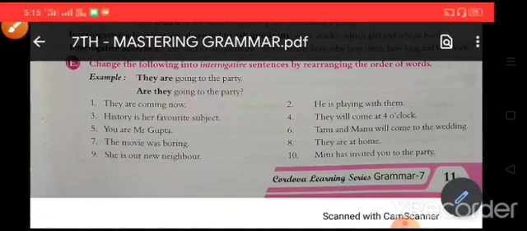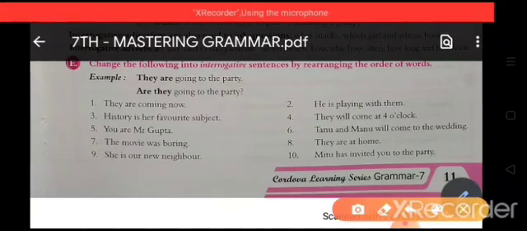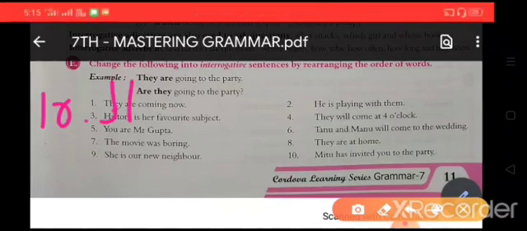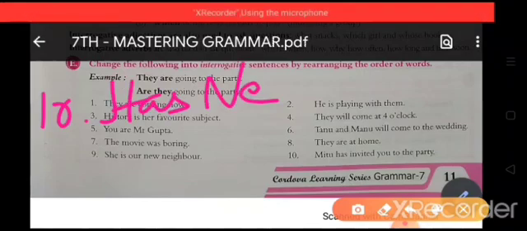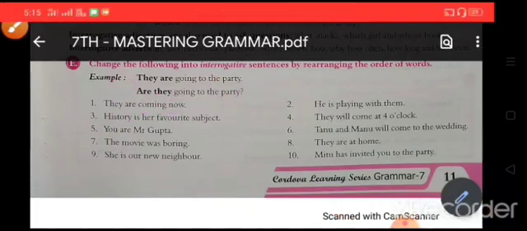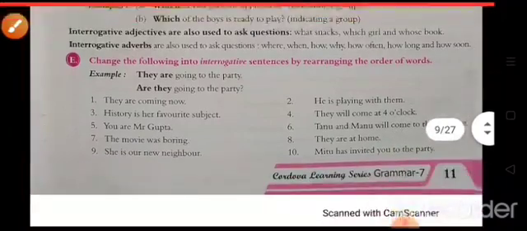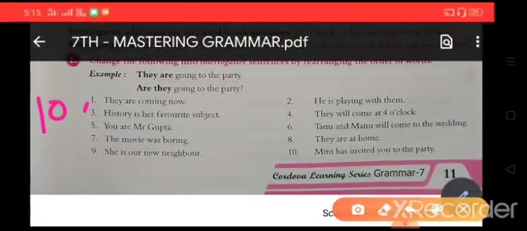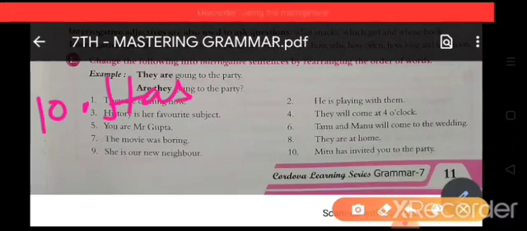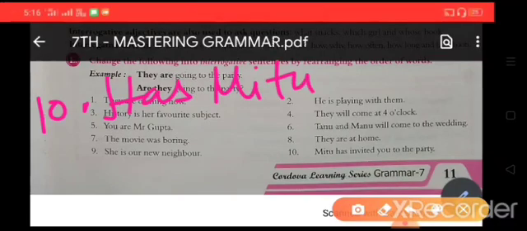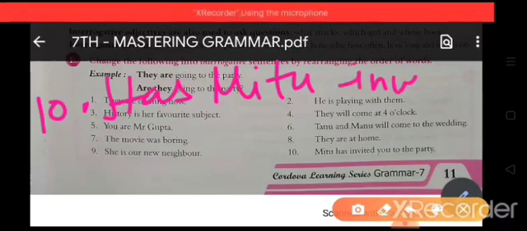Mitu has invited you to the party. Tenth: has Mitu invited you to the party?